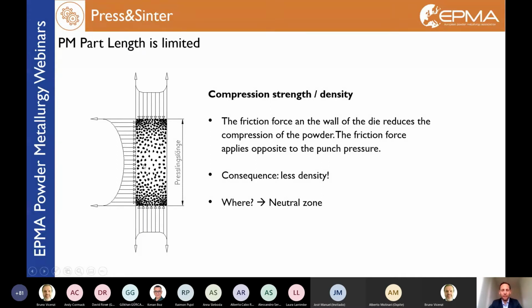After that, I have so little density in the middle of the part, the so-called neutral zone, that the green density is too low in order to extract the part well. And this shows the density distribution in a part. Obviously, toward the ends I have the biggest density, decreasing toward the middle of the length.